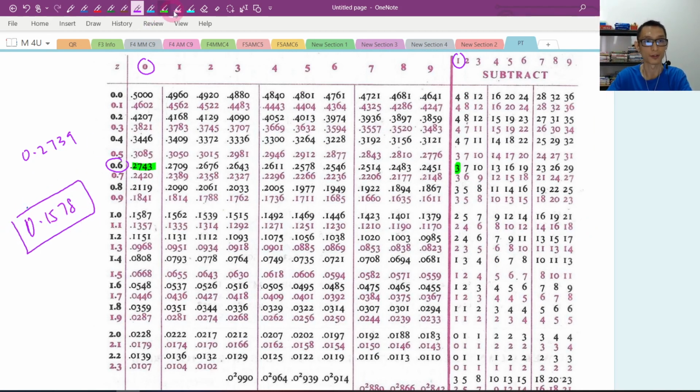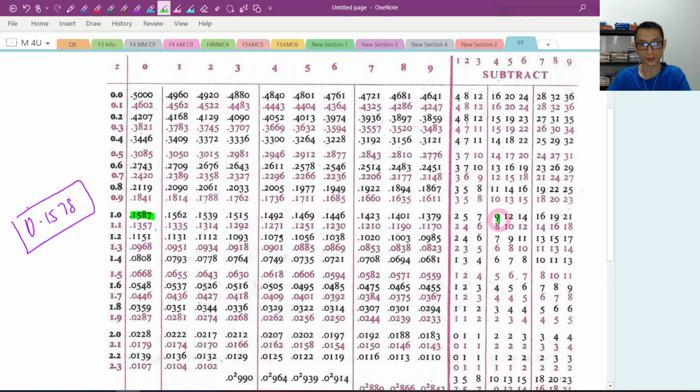Look for this number, start from inside. We don't have 1578, so we just find a number which is slightly greater than it. 1587. 1587 minus 1578, we need to minus 9.